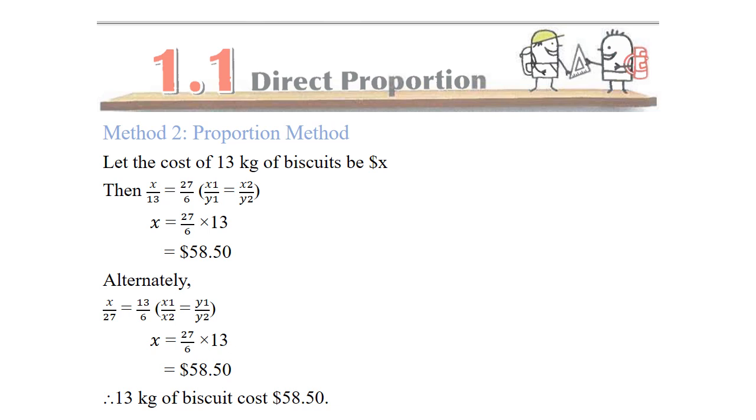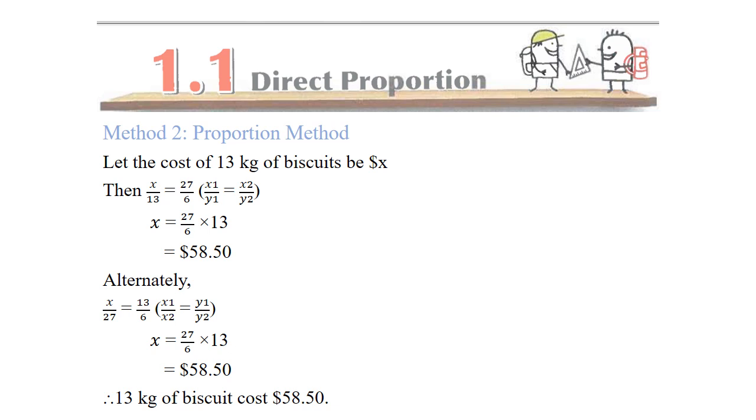So we have two variables here. One is the mass, that is in kg, and the other is the cost, that is in dollars. So what we want to calculate is the cost. So we set the cost equal to x dollars, which we want to calculate for 13 kg of biscuits.